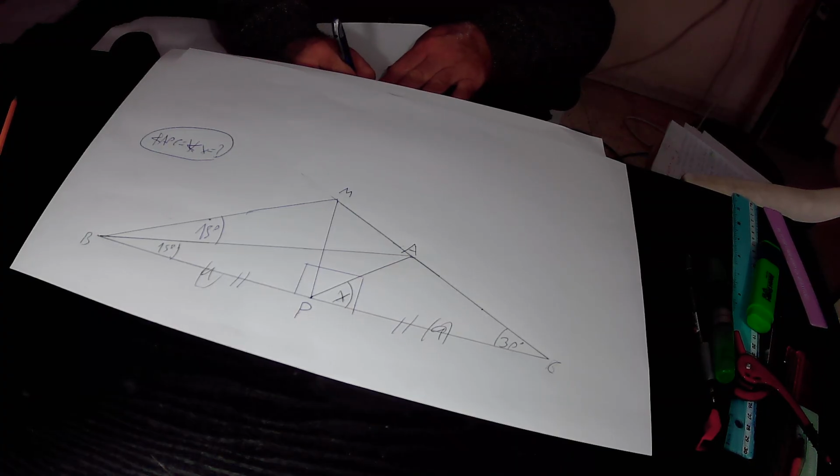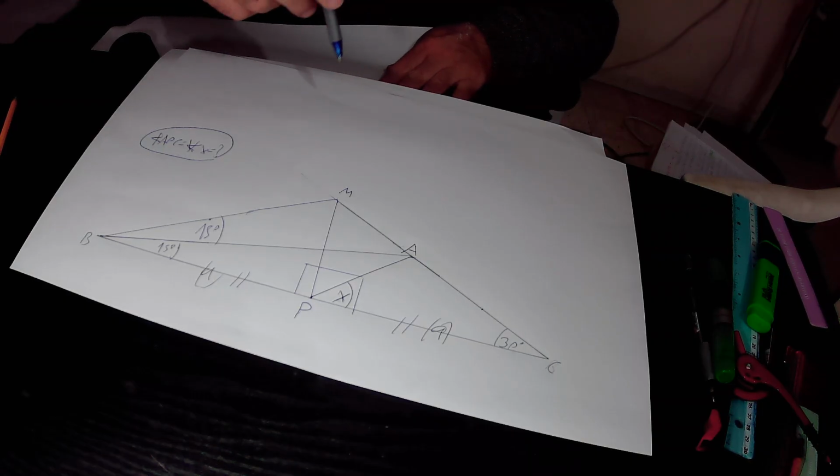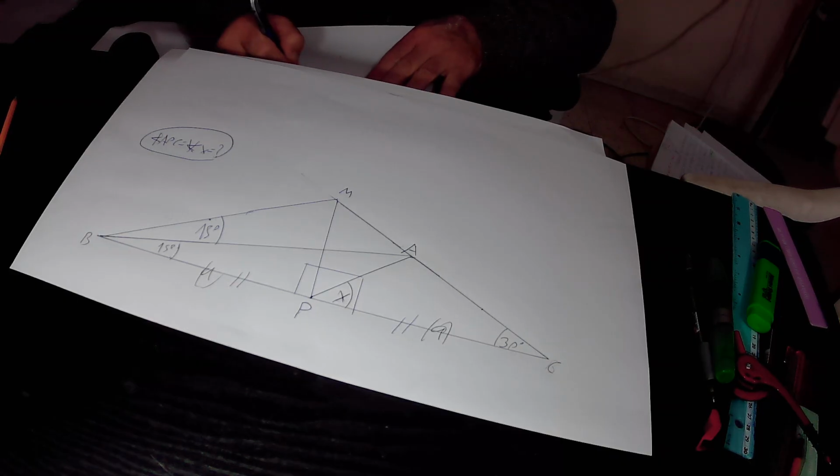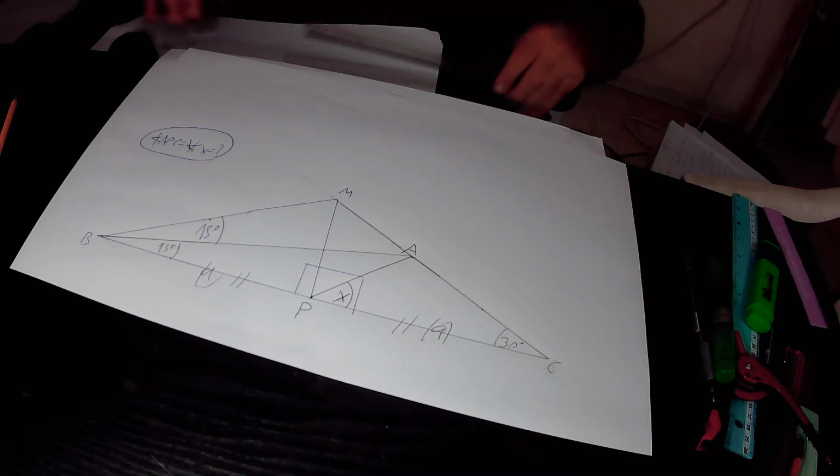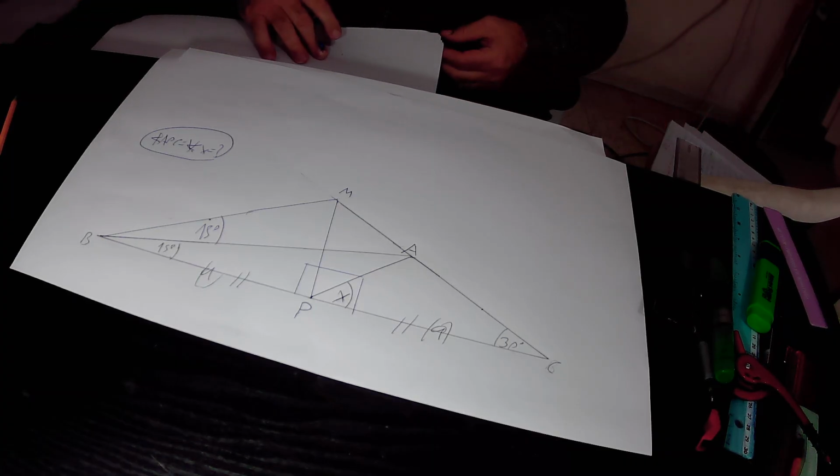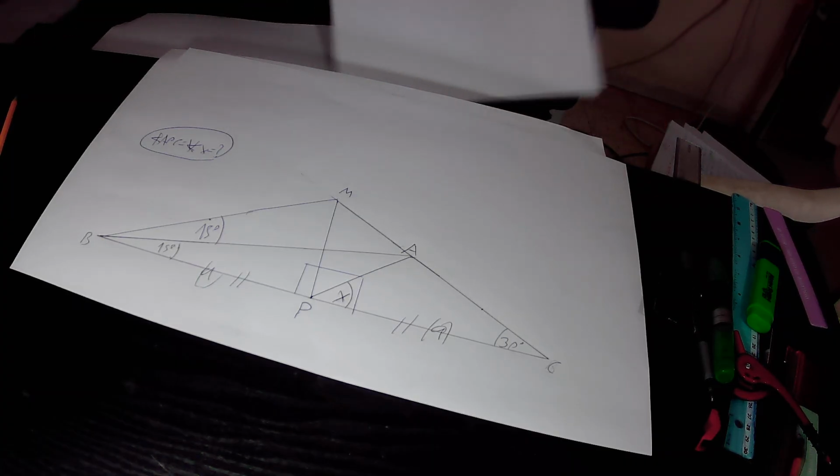In the right triangle BMP, sine of 30 degrees equals MP over MB.